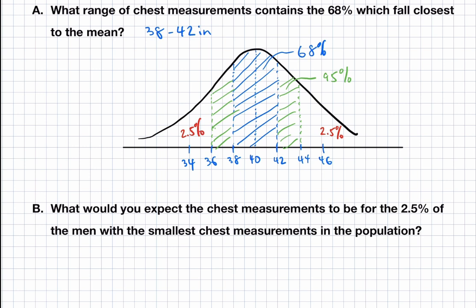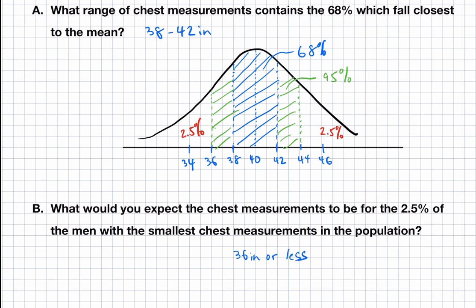Okay, and since we are looking to see what we would expect the chest measurements to be for the 2.5% of the men with the smallest chest measurement, then we would expect that the men's chest circumference of the lowest 2.5% would be on this side. So then the chest measurement would be 36 inches or less.